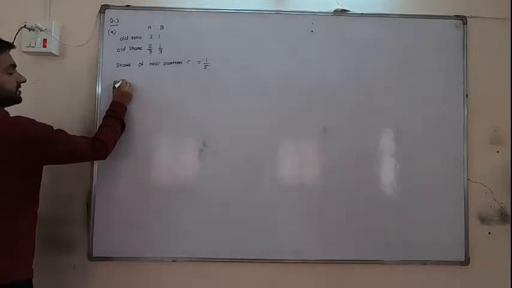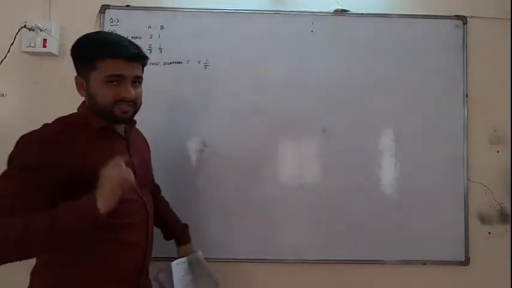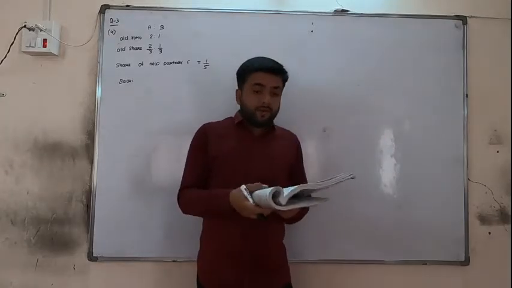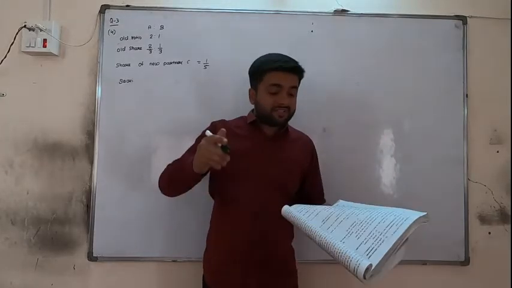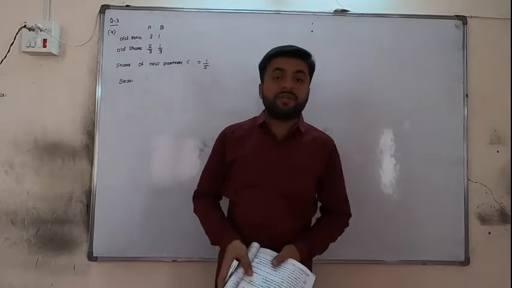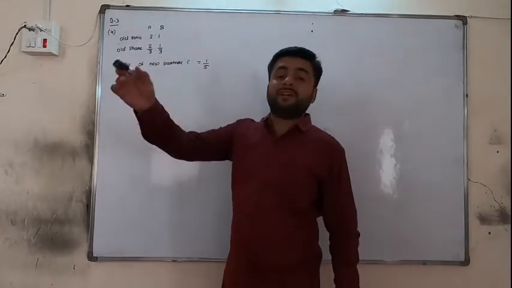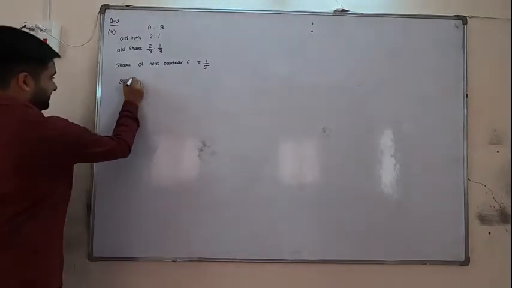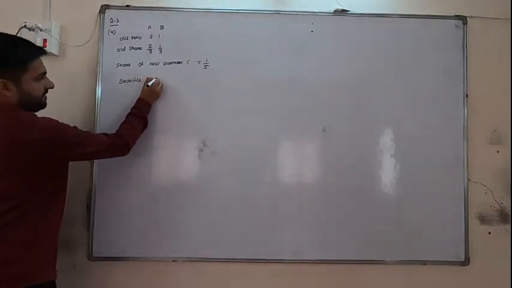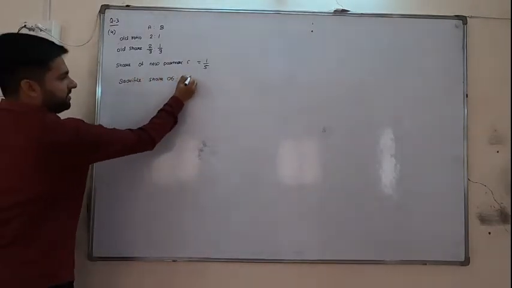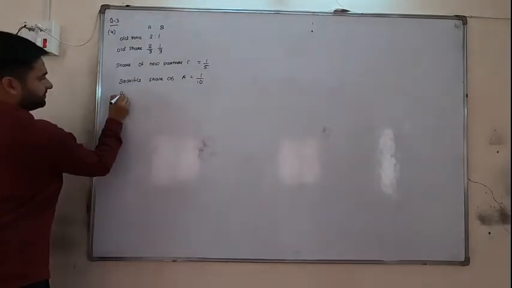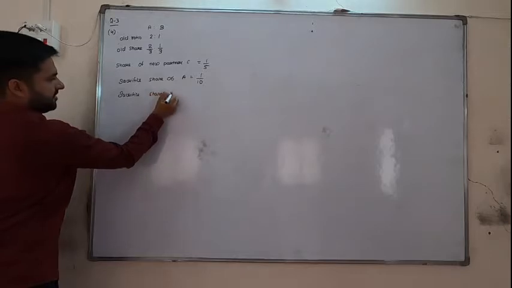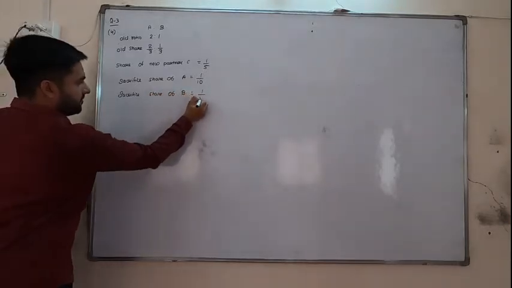Now sacrifice shares are given. How can we say that it is sacrifice share? You can read the sum. C will acquire 1/10 share from A and 1/10 from B. So A and B are giving 1/10, 1/10 each to C. So that is their sacrifice. So sacrifice share of A is 1/10, sacrifice share of B is also 1/10.